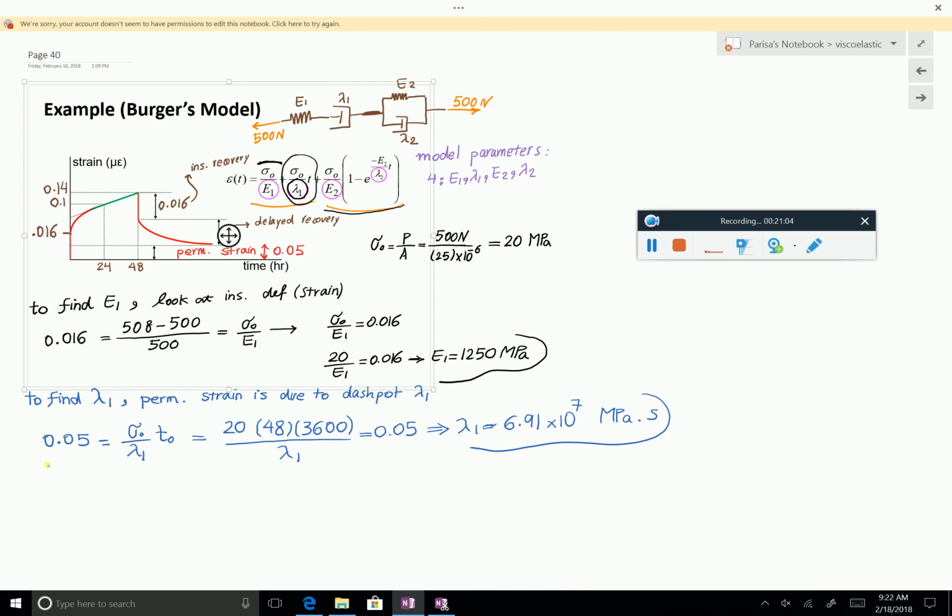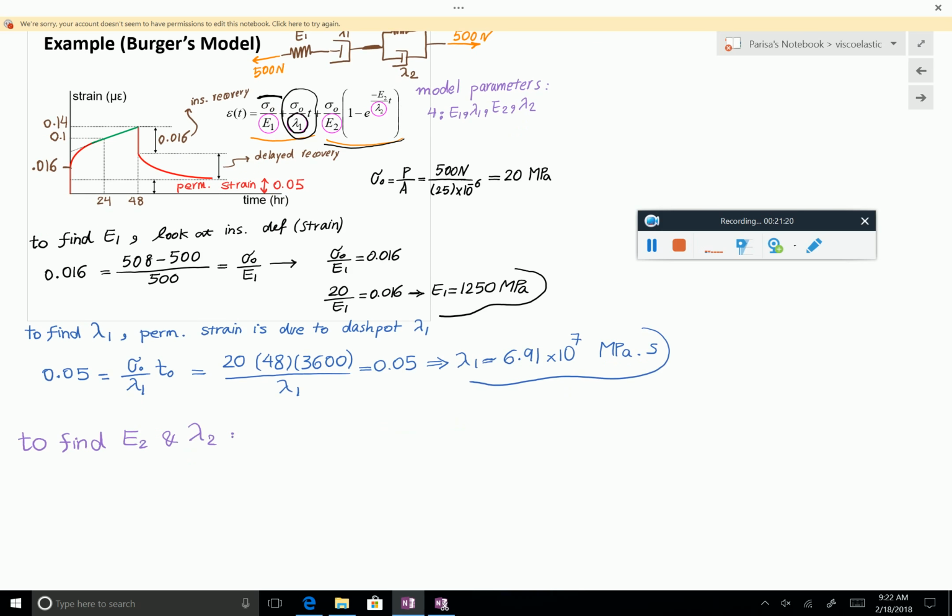So if we write, so to find E2 and lambda 2, we recognize that we have the strain at 24 hours, it is 0.1, and then we have the strain at 48 hours, which is 0.14.